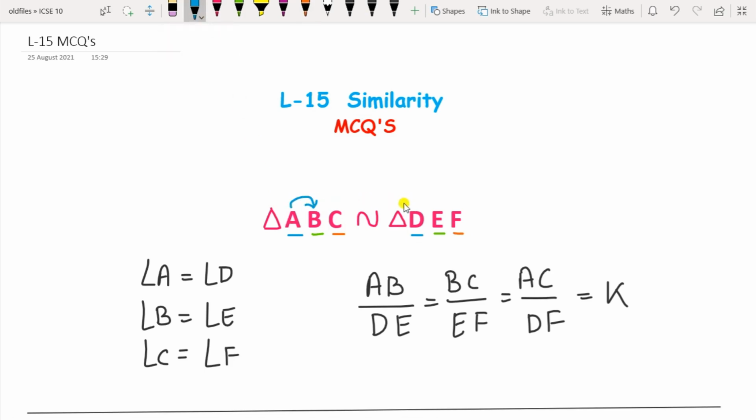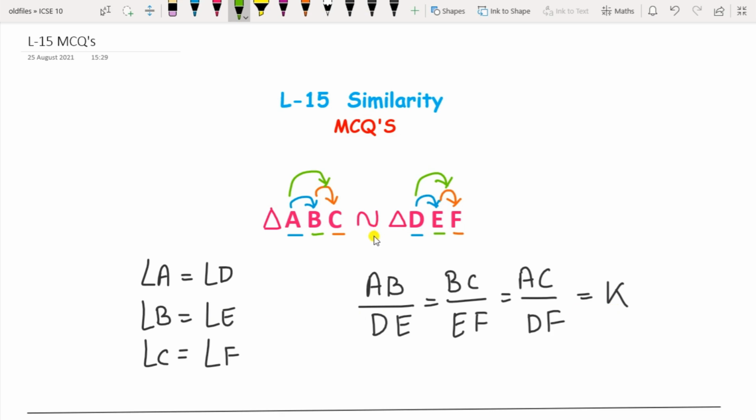AB upon DE will be equal to BC upon EF, that will be equal to AC upon DF, and that will be equal to some constant. So these are the requirements for a triangle to be proved as similar.